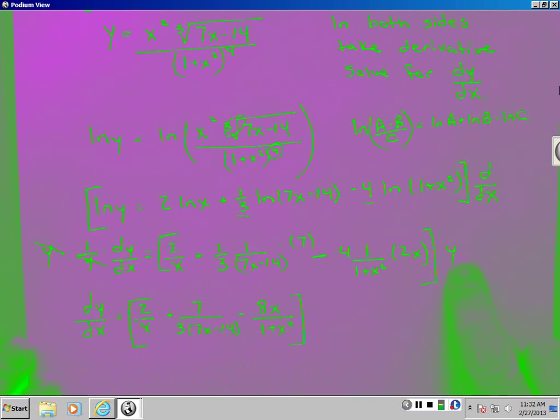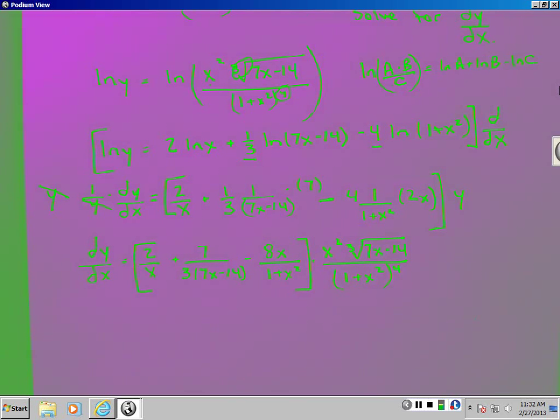But what is y in terms of x? This super ugly thing, right? But we can copy it, and it's not too bad. So that is our derivative, right? And that's called logarithmic differentiation.